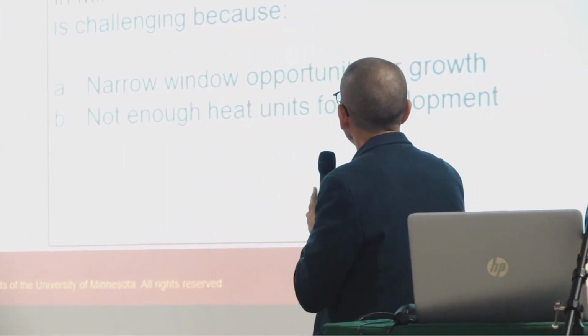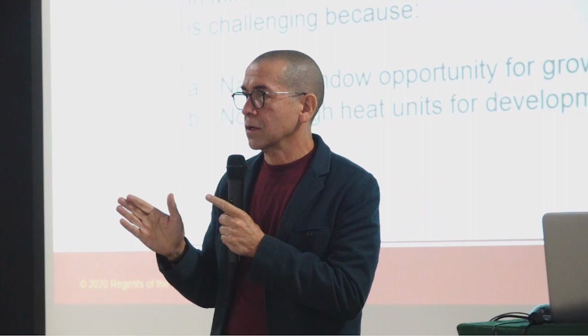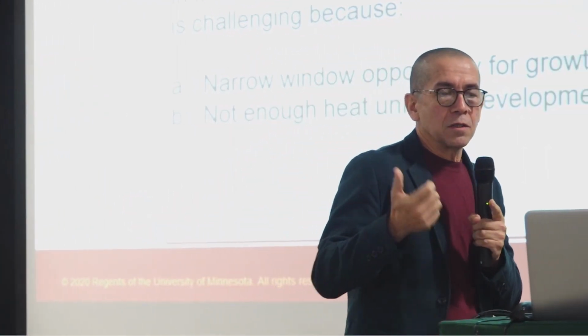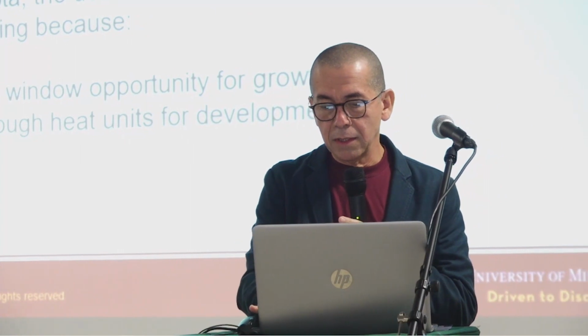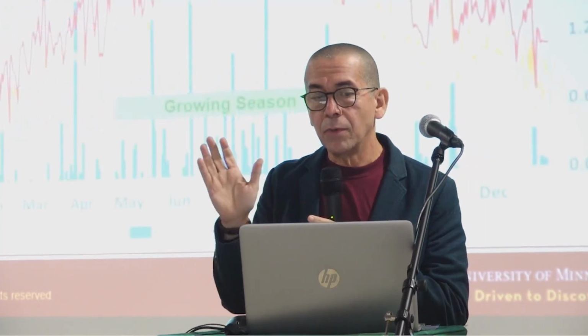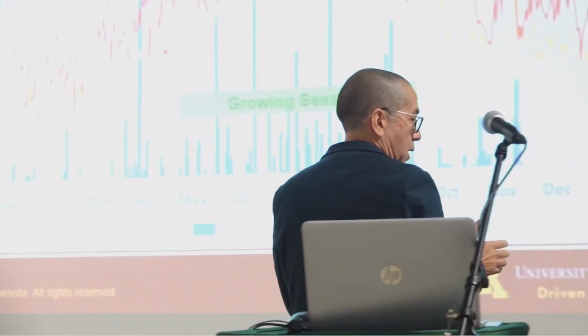So, and there is not enough heat units for the development of those cover crops. And I will show you some of the work we've been doing using models to show that it's really very difficult, not impossible though. And this is what we can see.